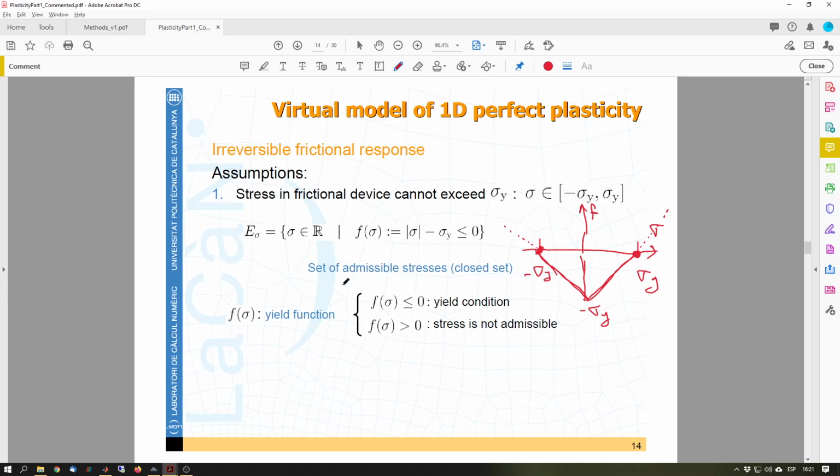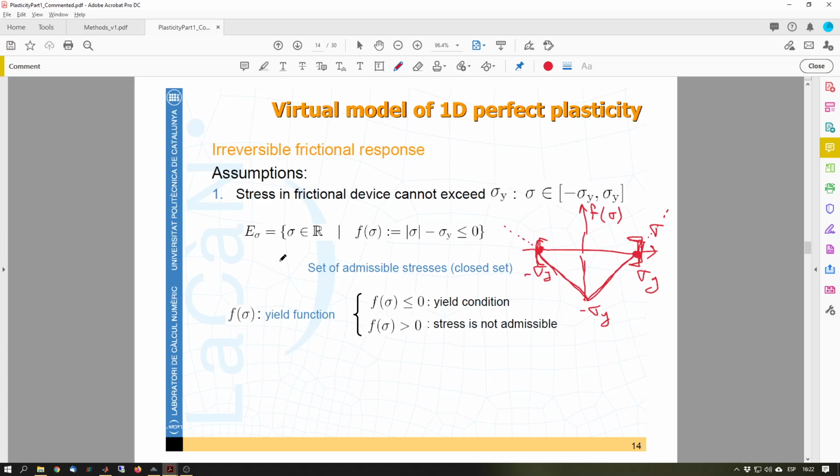So I'm describing my admissible domain as the values where this function is smaller or equal to 0. This is my admissible domain for the stresses. Another way of describing that: this is called the yield function, and it is the one that we impose for the stresses. So sigma must be such that f of sigma is smaller or equal to 0, and this is an admissible domain. Everywhere that f is positive is not admissible.